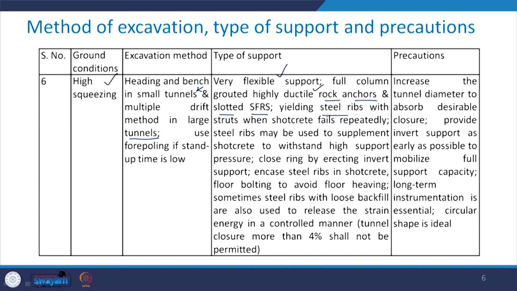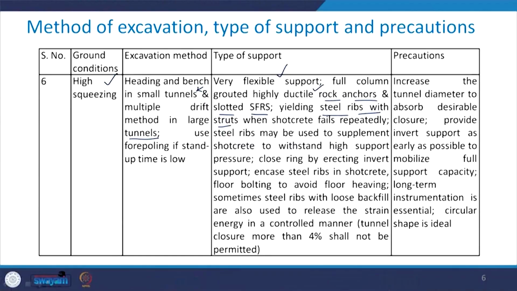Yielding steel ribs with struts when the shotcrete fails repeatedly, that also can be one of the options. Steel ribs may be used to supplement the shotcrete in order to withstand the high support pressure. Then close ring by erecting the invert support also can be provided.